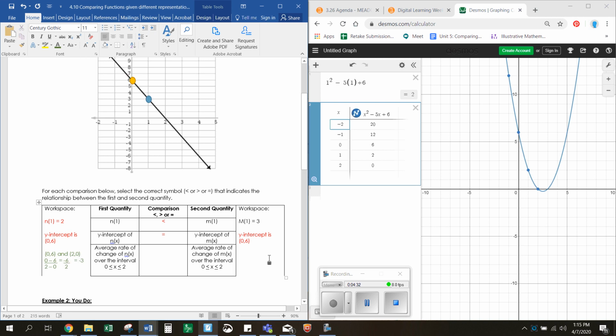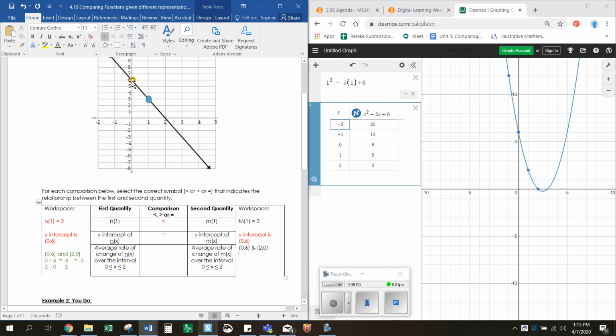Okay, for the average rate of change for m of x, my graph, again, I have the same point, 0, 6, and then I have the point 2, 0. So I also can use my rise over run here.